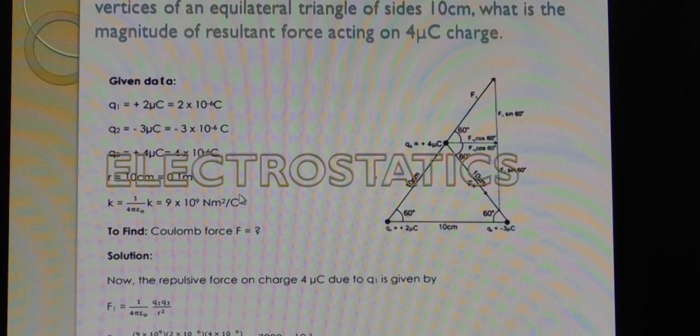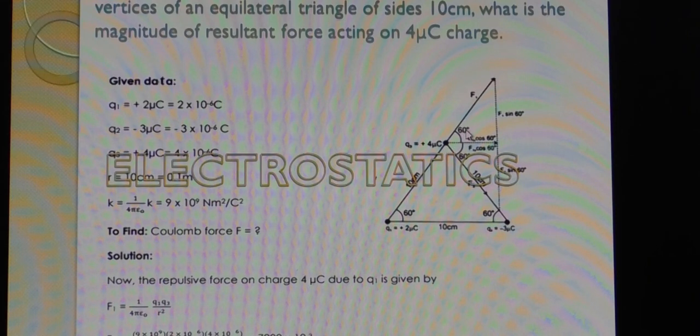Now we come back to the figure and we notice over here that it is an equilateral triangle, and from mathematics we all know that all the three angles of an equilateral triangle are of measure 60 degrees.